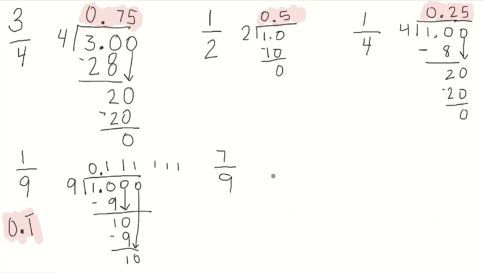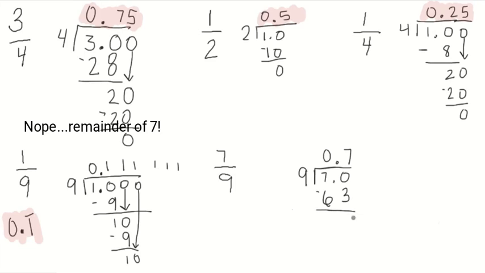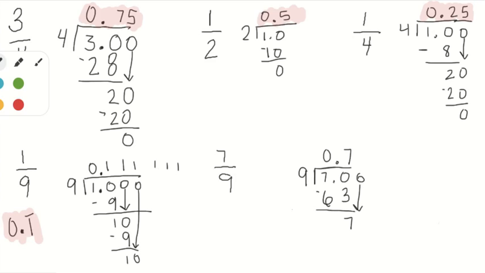Let's try this one. 9 into 7.0. How many times does 9 go into 7? Well, it can't. 9 into 70 can happen, and it's 7 times because 9 times 7 is 63. Subtract, and I get a remainder of 7.